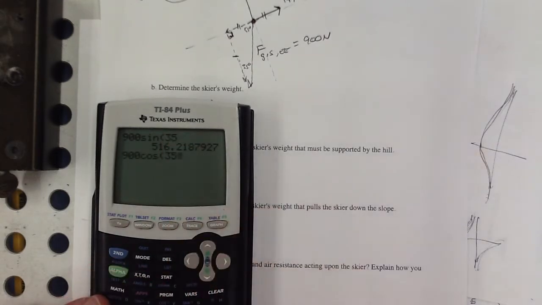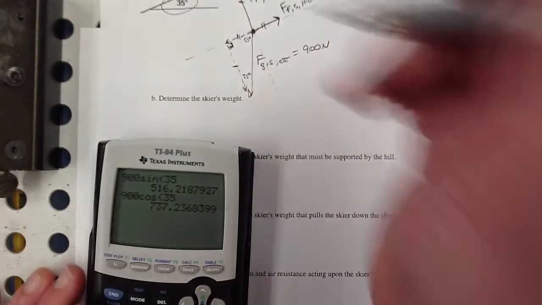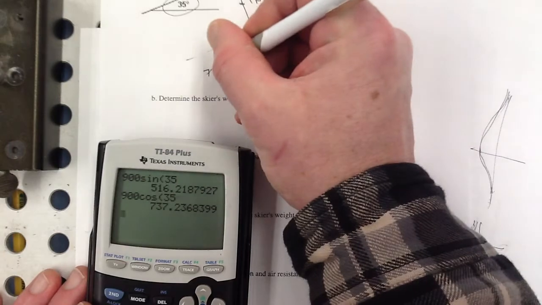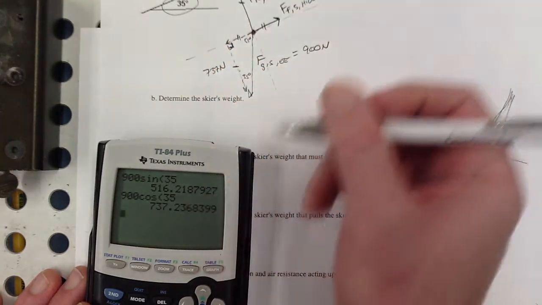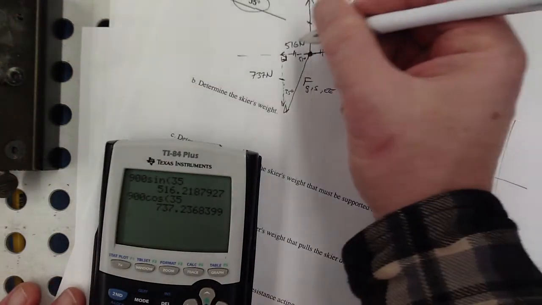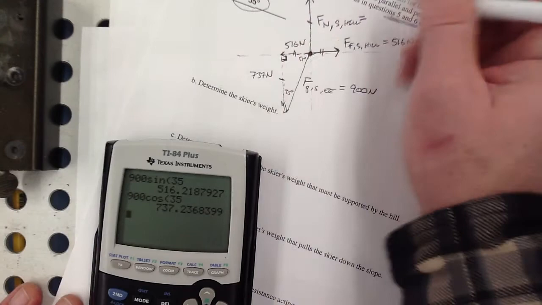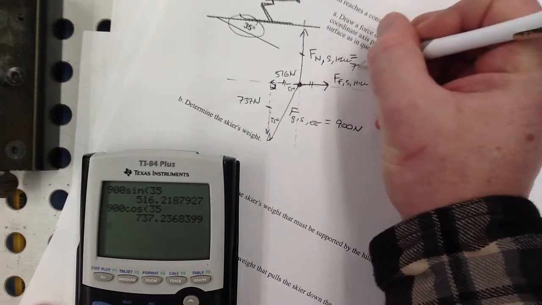You could have done it with a 55-degree angle too. So the 737, that's obviously the bigger one, and then 516 here. So this must be 516 because it's matching that, and this must be 737.